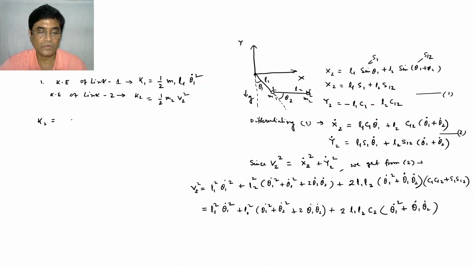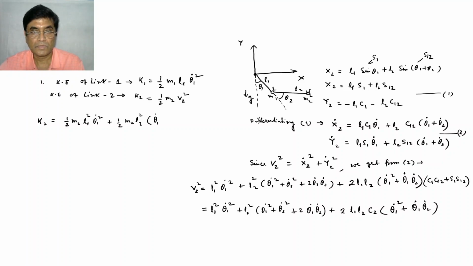So K2 will be equal to half m2 L1 square theta 1 dot square, okay, plus half m2 L2 square, theta 1 dot square plus theta 2 dot square plus twice theta 1 dot theta 2 dot, okay, plus m2 L1 L2 cos theta 2 times theta 1 dot square plus theta 1 dot theta 2 dot, okay.